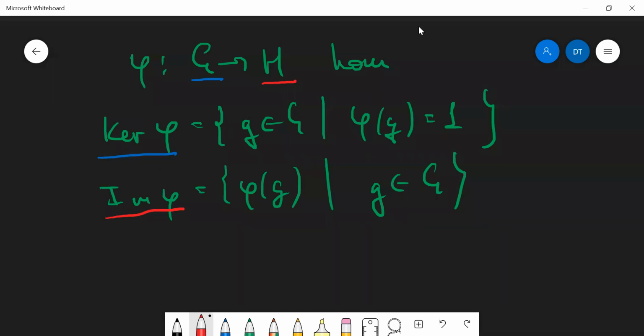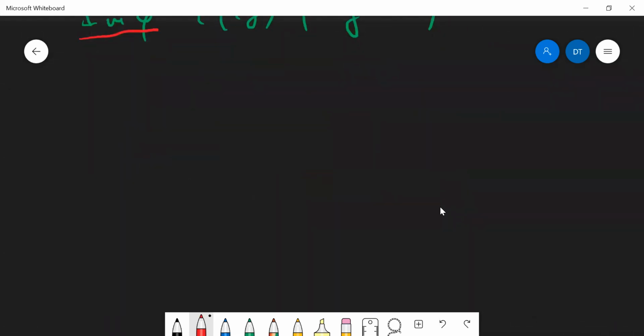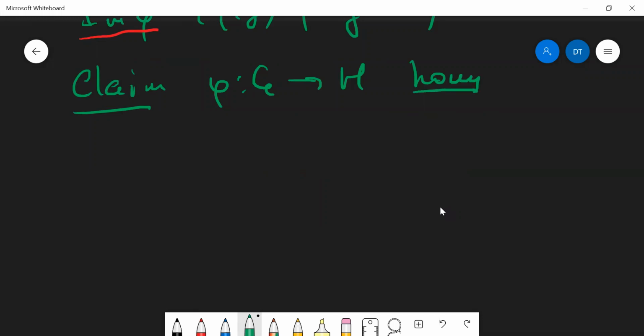Okay, so let me formulate the claim with the properties. The claim: if phi is a homomorphism of groups, then there are four properties. The first one, the kernel is always a normal subgroup.